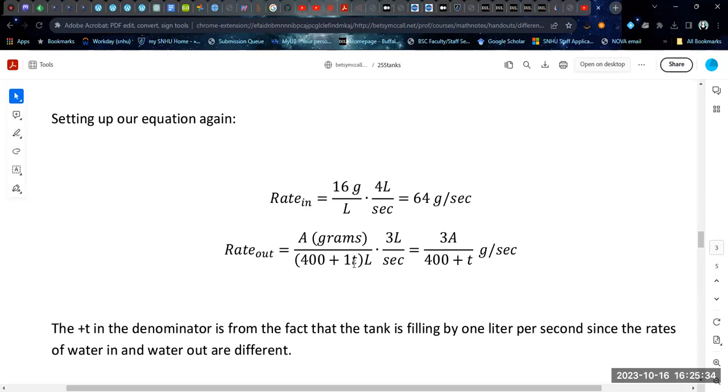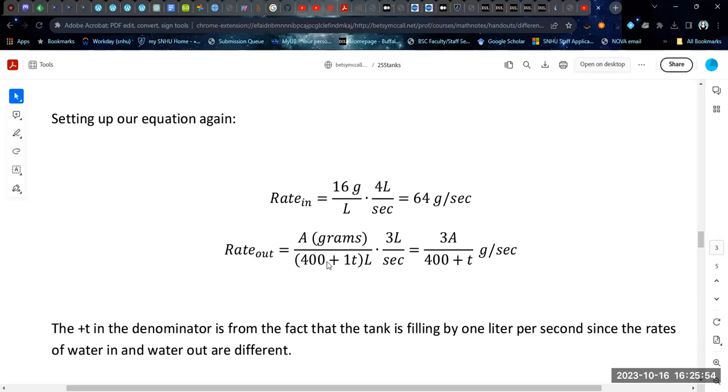So as you run this system, the tank is filling. It's getting fuller and fuller. And so the total amount in our rate out problem, that denominator is not A over 400 anymore, but A over a term that depends on time.